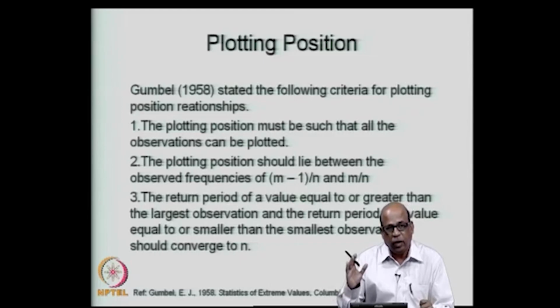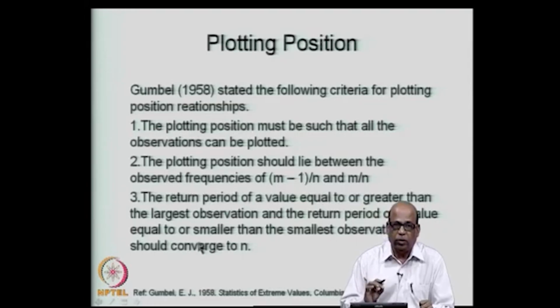So, you take the largest observation in the data that you have, and get the return period corresponding to a value equal to or greater than it. And the return period of a value equal to or smaller than the smallest value, both these must converge to n. Now, that is one of the requirements of a good plotting position relationship.